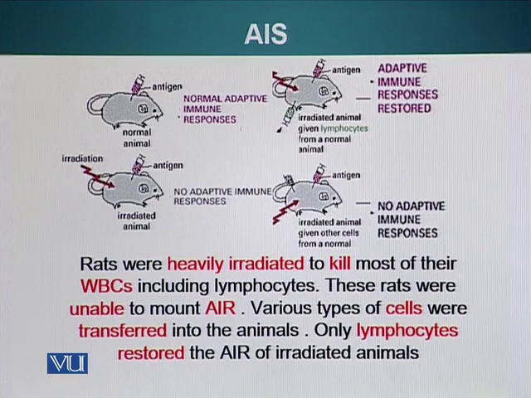These rats were unable to mount an adaptive immune response. When these rats were supplemented with different types of cells to see what type of cell would restore the function of adaptive immune response, it turned out that only lymphocytes are the cells that can restore the adaptive immune response of these irradiated rats.